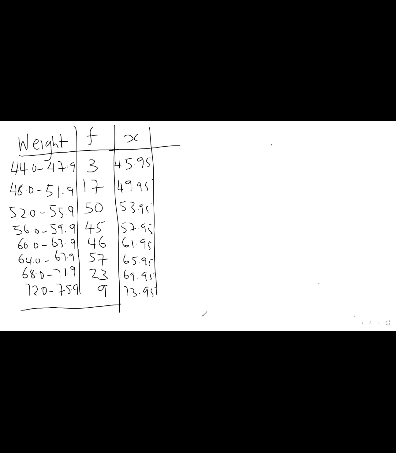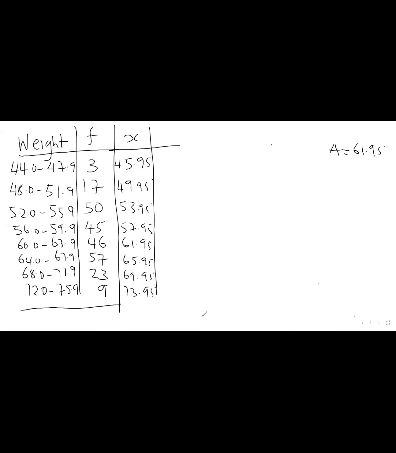So you have that. Now, I said pick any value in the middle. So either you pick 61, today let me pick 61.95. So let me pick my assumed mean as 61.95. If you check in my book, I use 57.95, but any can do.